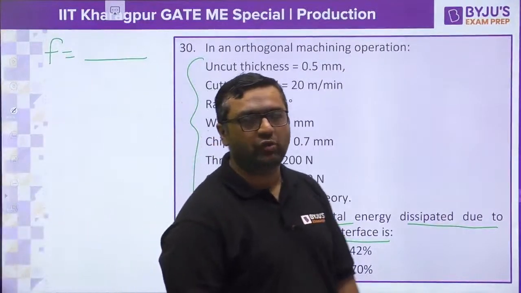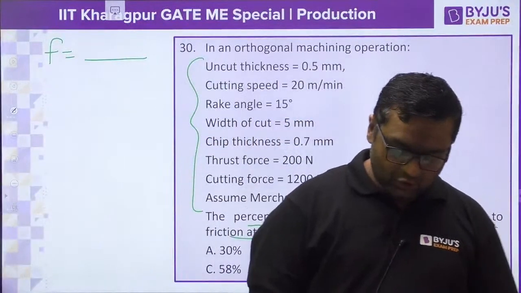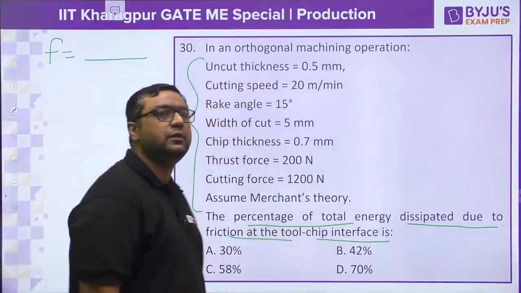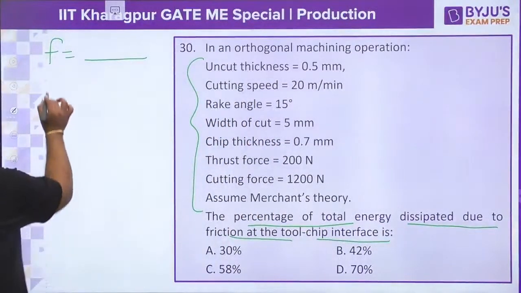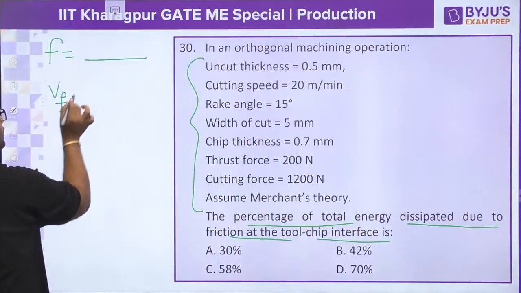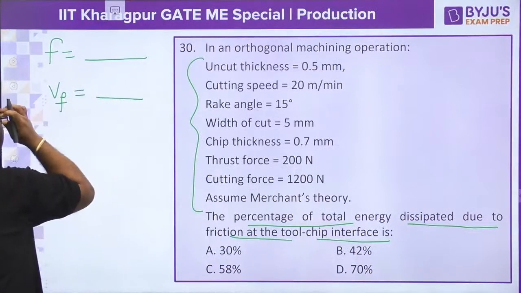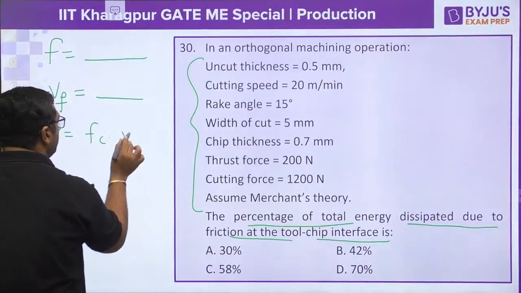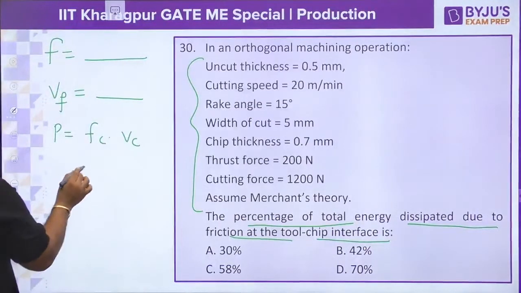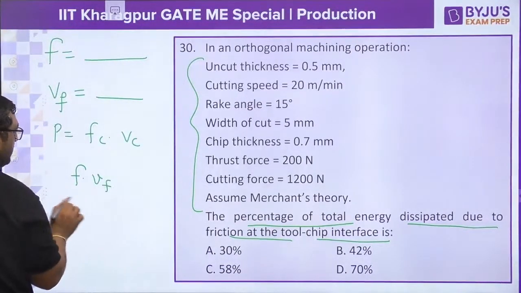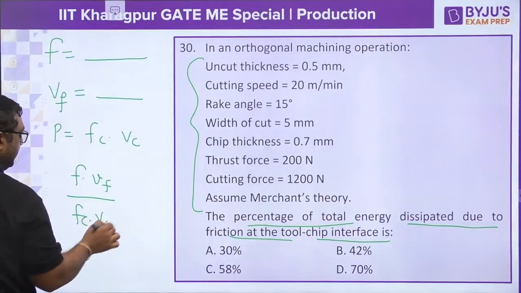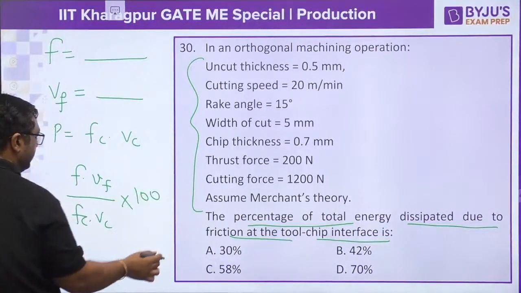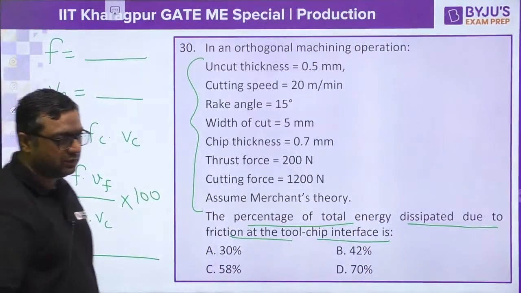Solve it guys, solve it. After getting the friction force, you will find out the chip flow velocity. After getting chip flow velocity, you know that power is cutting force into cutting velocity. Then you need to see that F into Vf divided by Fc Vc into 100, how much percentage it is.